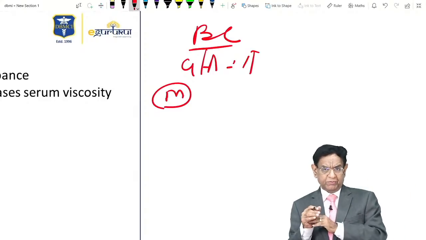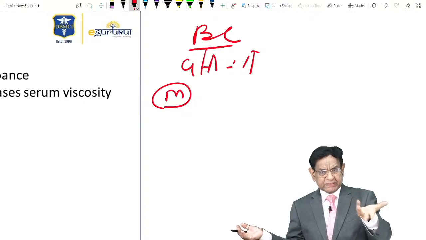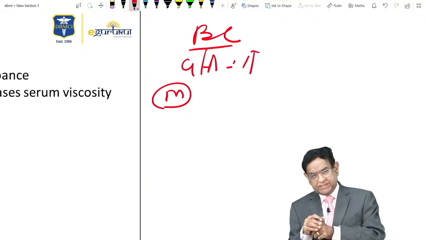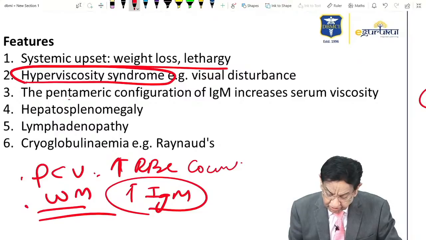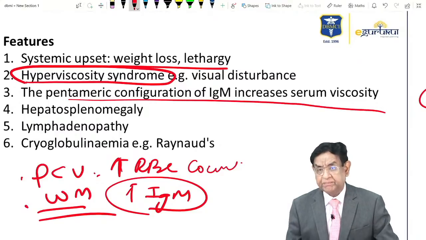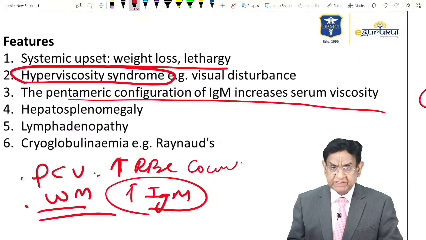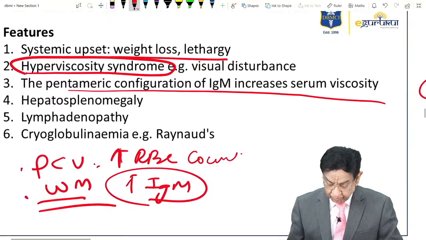Definitely, the bigger the molecule, the more space it will occupy, and it will cause more and more viscosity. So that's why the pentameric configuration of IgM increases the plasma viscosity. Hence, increased plasma viscosity is a feature of Waldenstrom, not much in multiple myeloma.